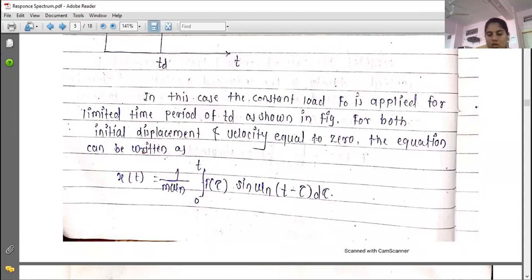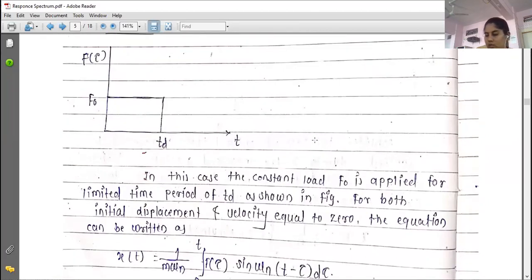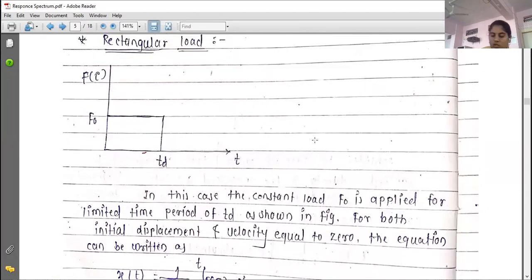So I will first write the equation, and from this you will understand. What is our equation?